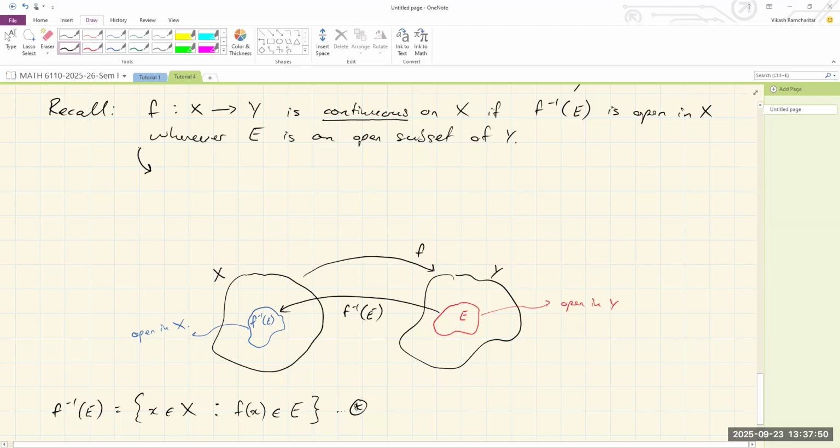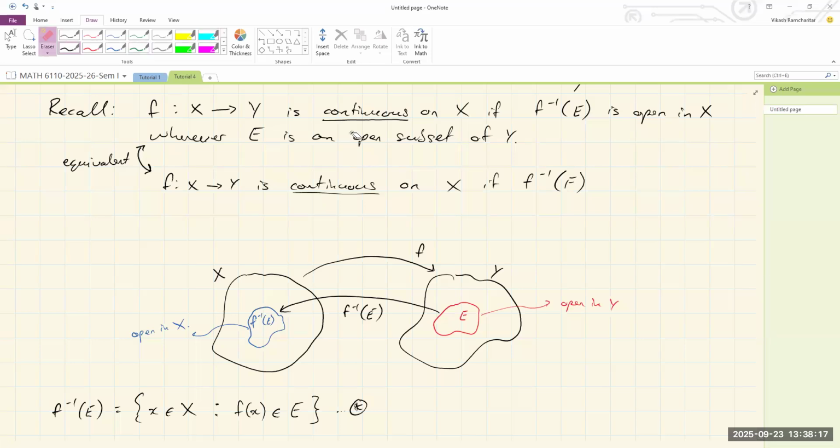Another equivalent way, we could reformulate this in terms of the closed sets. This is equivalent to saying that f from X to Y is continuous on X if, let me not use F because I already have the letter f, but usually F is used for closed sets, so let me use G then, the pre-image of G is closed.